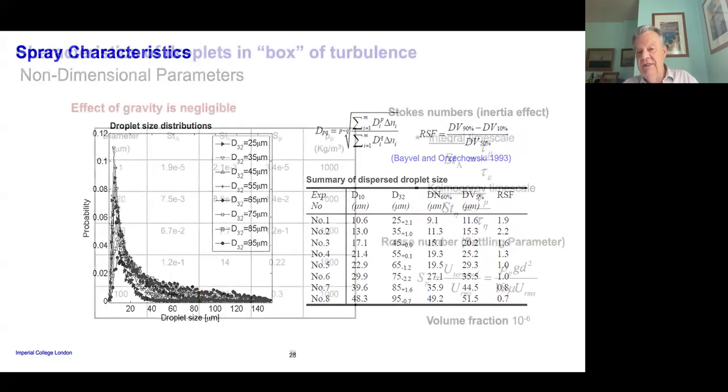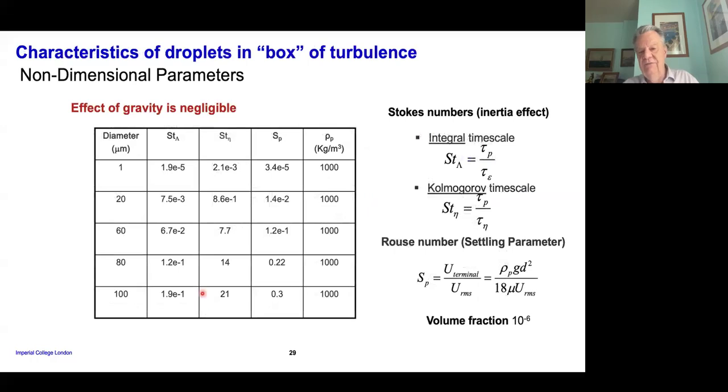But still, we need to somehow use some scaling parameters. So the Stokes number has a time scale for the response of the particles. And eventually, we want to have some representative diameter in the spray in order to evaluate the Stokes number.